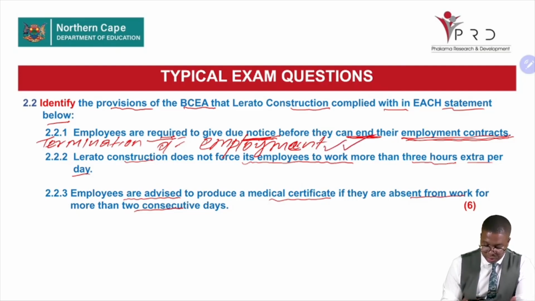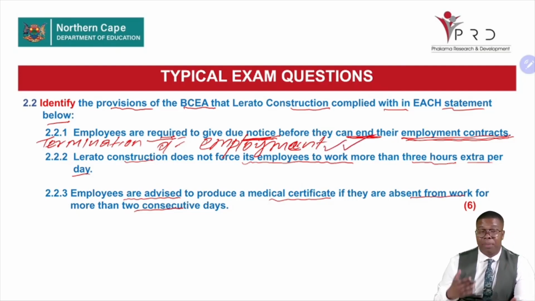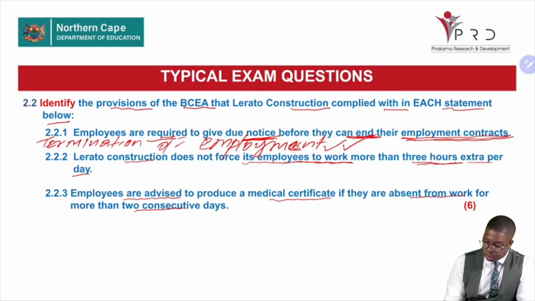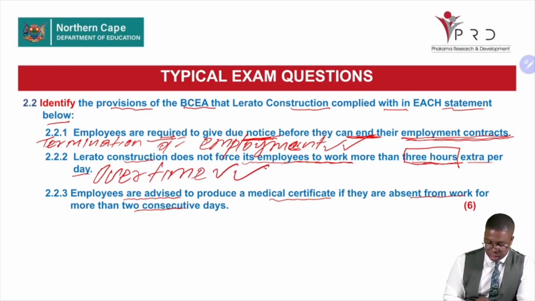That's how you identify it. There's no motivation here because this is a statement. Then Lerato Construction does not force employees to work more than 3 hours. So this is a provision because of the 3 hours. This is a provision we call overtime. And then you get 2 marks for that provision.